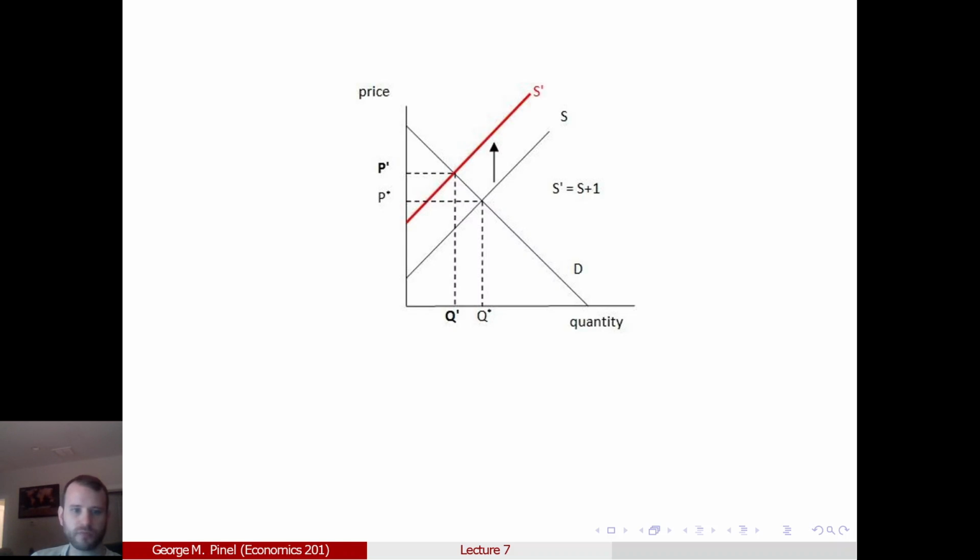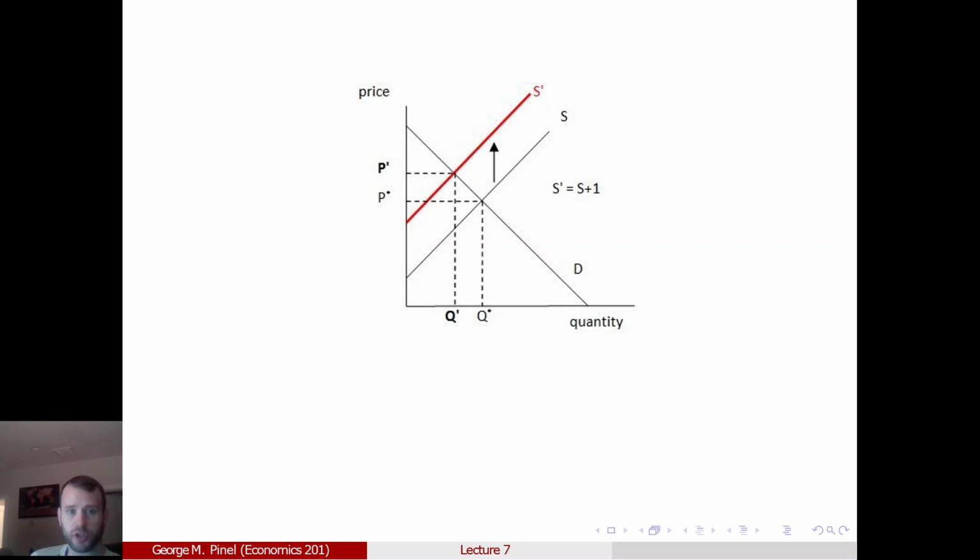Okay, so here's the curve, and here's the new equilibrium. This is the old equilibrium. Here's the new equilibrium, P prime, Q prime. It's a little hard to see maybe, but this is P prime, this is Q prime. So essentially, the supply curve shifted up by 1, and now we have a new equilibrium price.